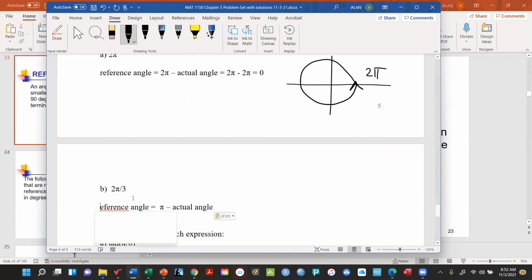Which means pi minus 2/3 of pi, and of course, what you're basically doing here is subtracting 2/3 from 1. And so therefore you end up with pi over 3.